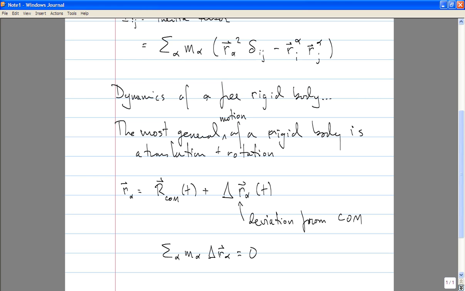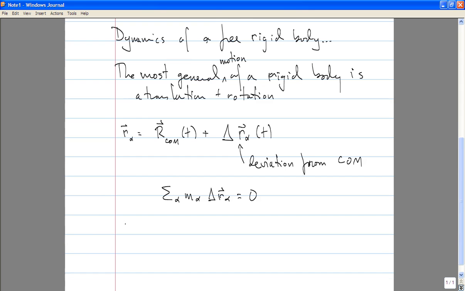Okay. Yes, question? Yes. So the center of mass is defined so that our center of mass is defined by 1 over the sum over alpha m alpha times the sum on alpha m alpha times r alpha.